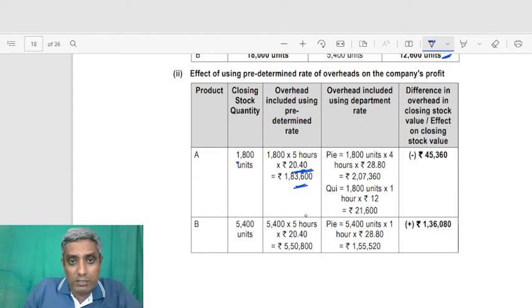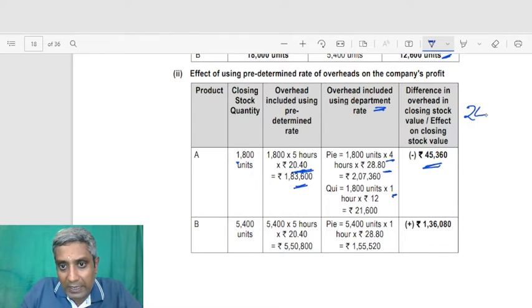So this overhead using the predetermined rate is easily calculable. Same way department-wise, because the rate is already there. You should keep in mind that department-wise this is 4 hours, this is 1 hour, so you multiply accordingly. Now how do you arrive at this number 45,360?